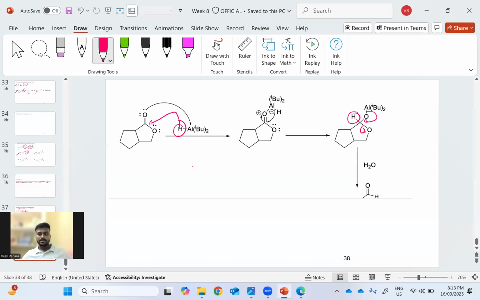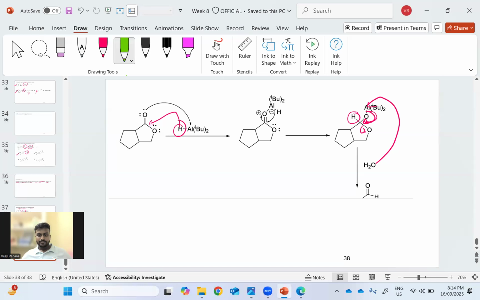Once this intermediate is formed, this H2 attacks on the aluminum, and this bond between Al and O gets broken. It is a five-membered ring, not six-membered.